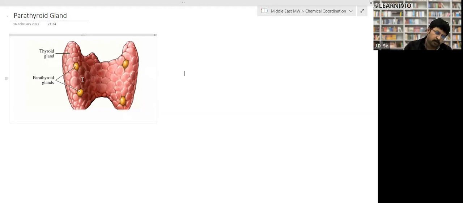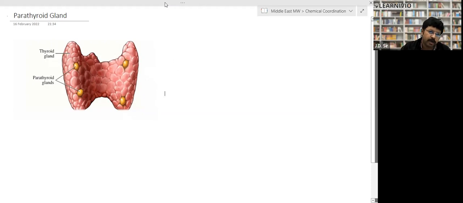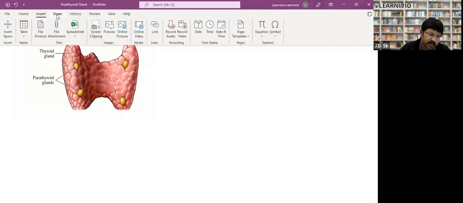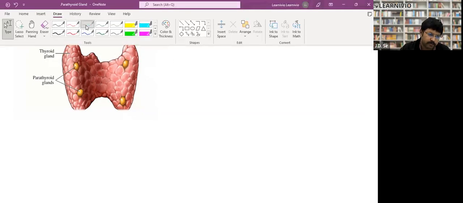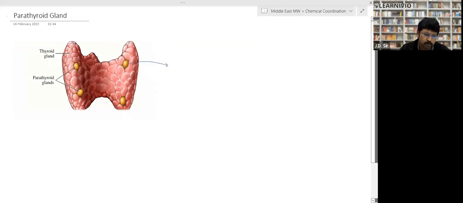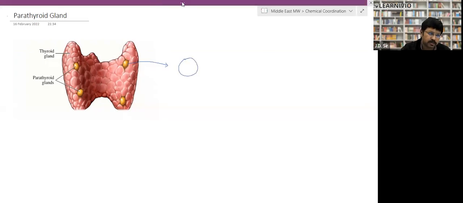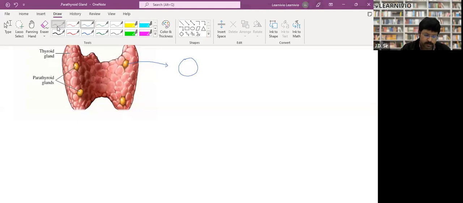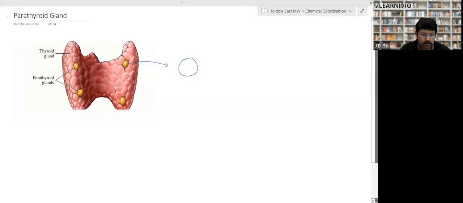These glands also have 2 types of cells. First, let me explain the structure: they are made up of 2 kinds of cells.